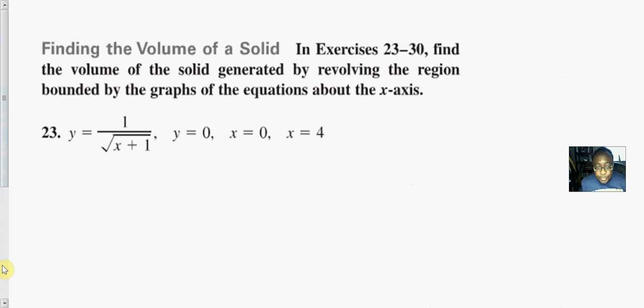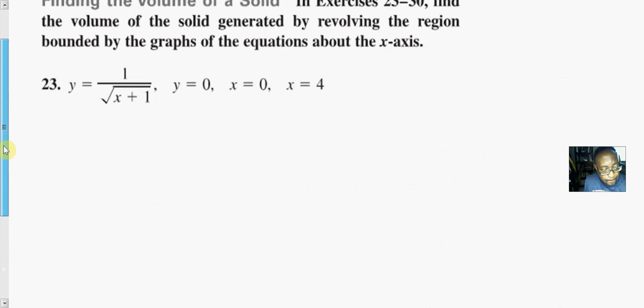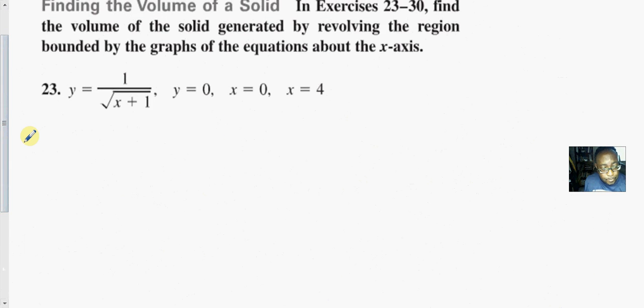Anyway, the last one. Find the volume of the solid generated by revolving the region bounded by the graphs of the equations about the x-axis. Now, this graph, it really acts like the square root of x plus 1. 1 over that makes it really small, and it gives it a vertical asymptote. The vertical asymptote, by the way, is negative 1.